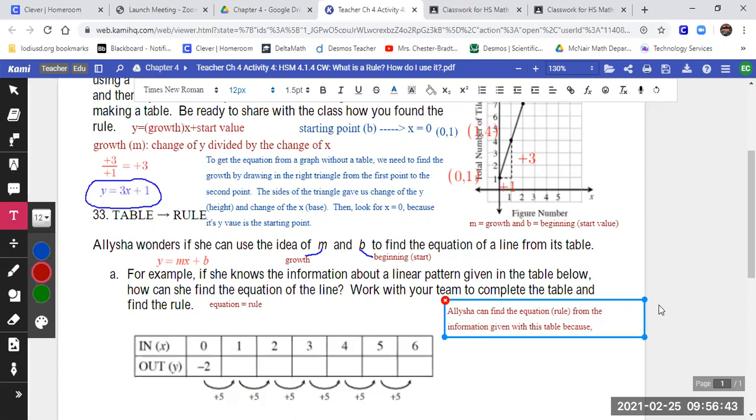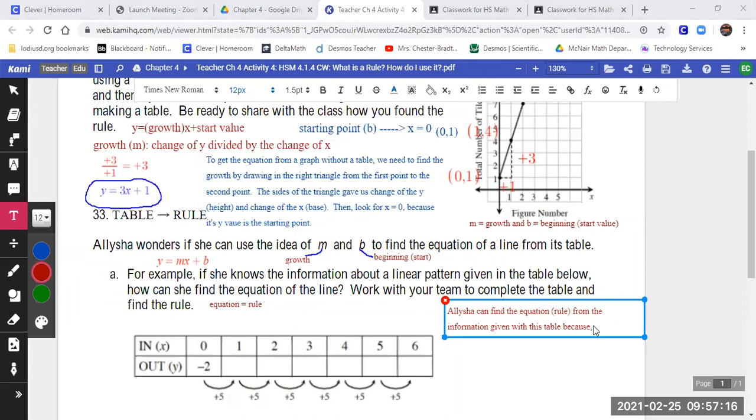What did they give her so she could find it? What did they give her so she could find the equation just from what she sees? The growth and the start value.